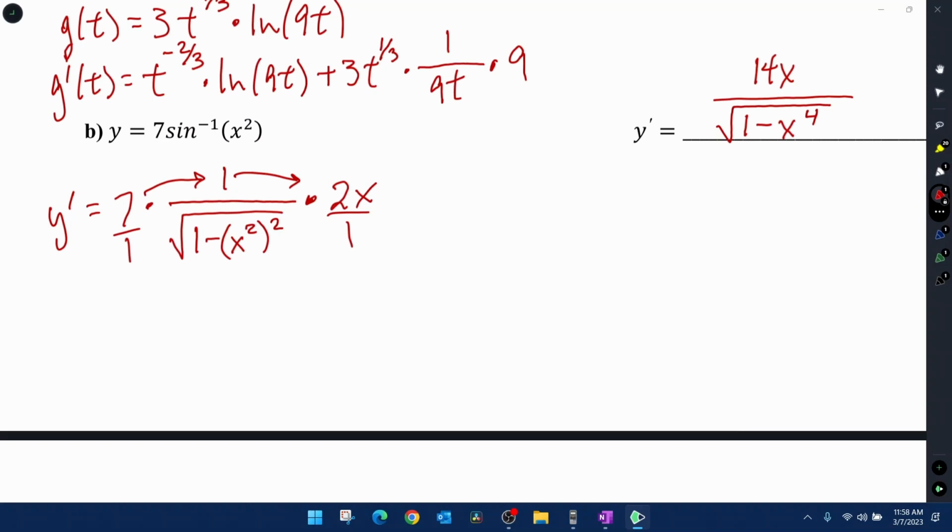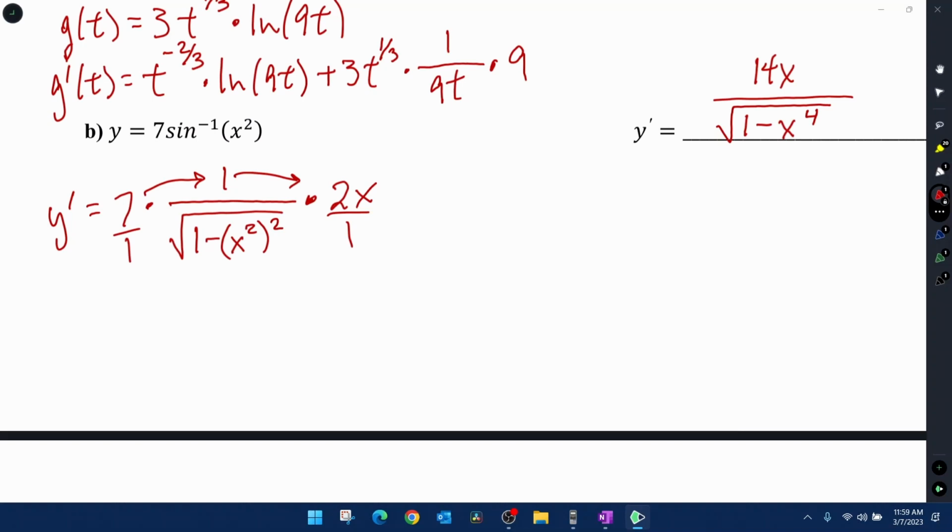Question. Is the inverse of sine 1 over sine? Now the reciprocal of sine is 1 over sine. Inverse doesn't mean the same as reciprocal. And the reciprocal of sine is cosecant. Inverse is not reciprocal, okay?